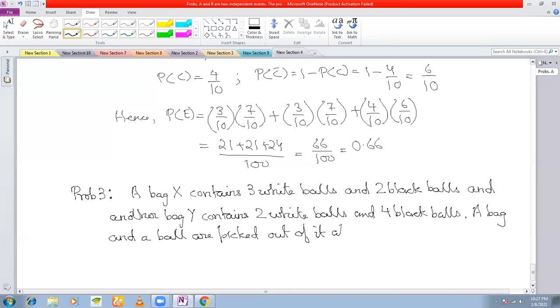Okay, what is the probability that the ball is white?